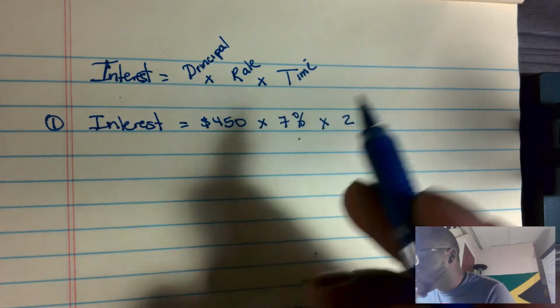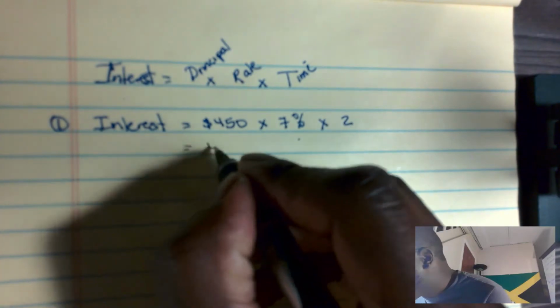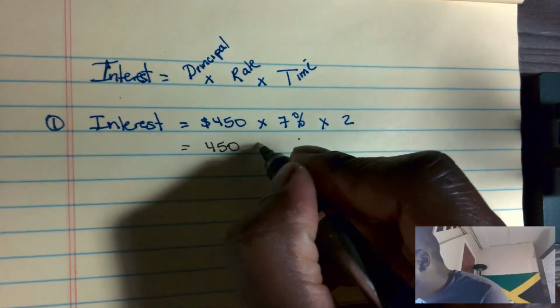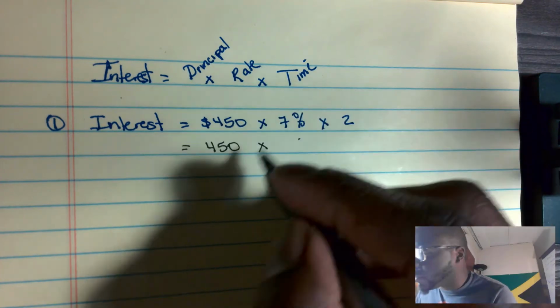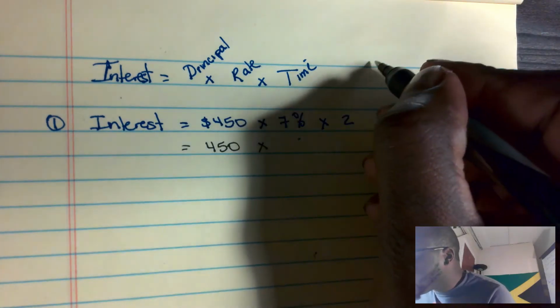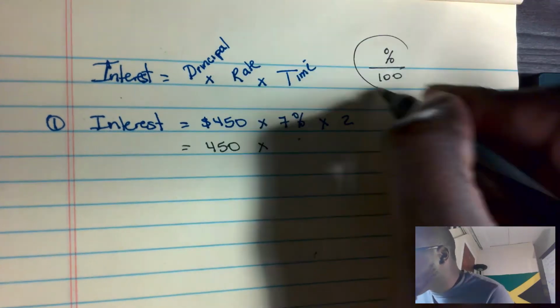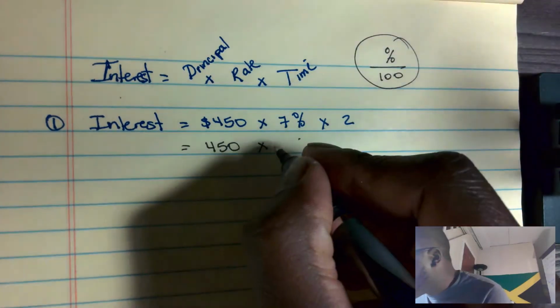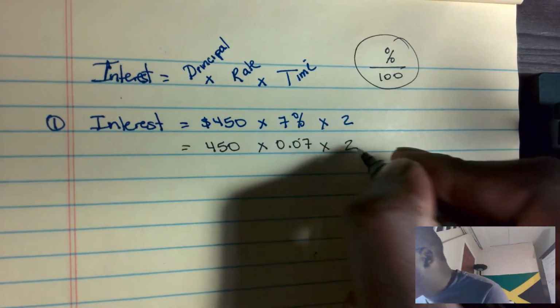Since this is 2 years, we're good. I'm going to change the percentage to a decimal. Remember, it's whatever the percentage is divided by 100. So this is 450 times 0.07 times 2 years.